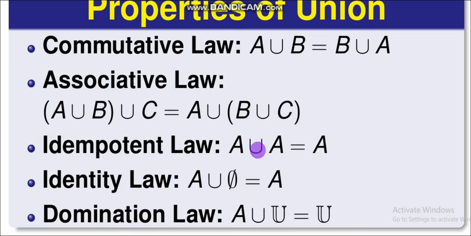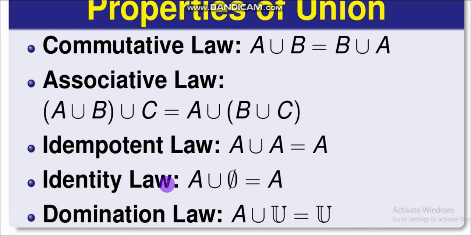You have A union A. A union A will still be A. Remember, when you are uniting two or more sets together, if there is any element that is common to them, you don't add that element twice. You only add it once. Let's say I have 3 in A, and I also have 3 in A. At the end, I'm going to write only one 3. So the result will just be the same as A. It will not change.